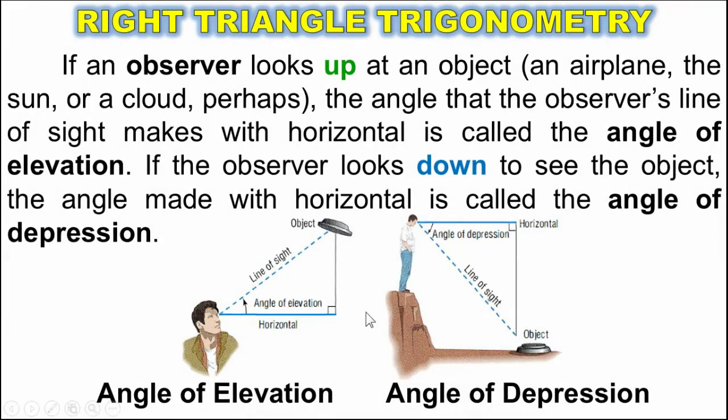If an observer looks up at an object, an airplane, the sun, or a cloud perhaps, the angle that the observer's line of sight makes with the horizontal is called the angle of elevation. If the observer looks down to see the object, the angle made with the horizontal is called the angle of depression.